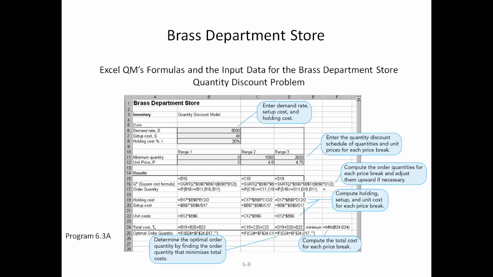So we know that we go from 0, the next one starts at 1,000, and the next one starts at 2,000. And we get our unit price, and once we put that information into QM for Excel, it gives us the data that we're looking for.